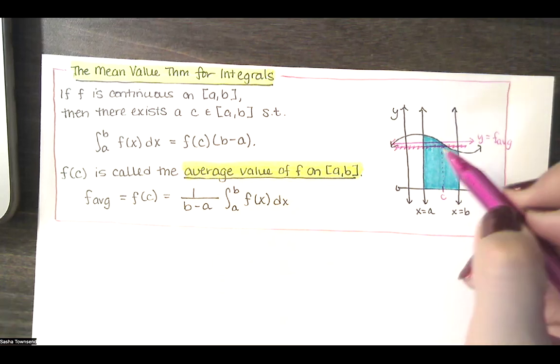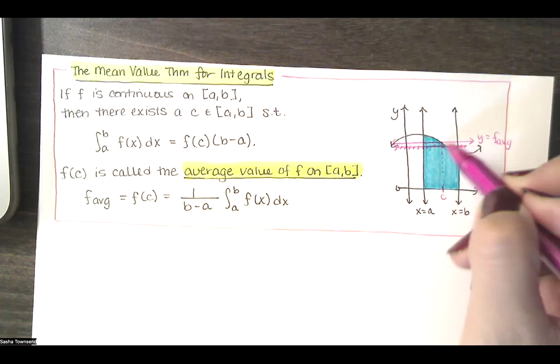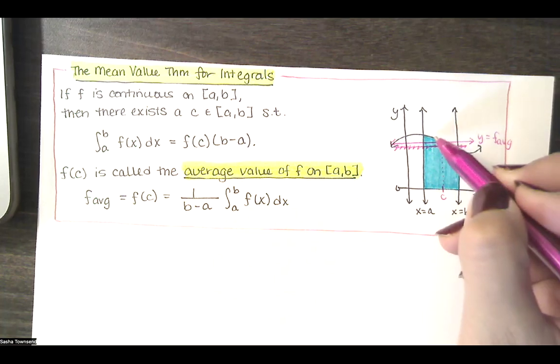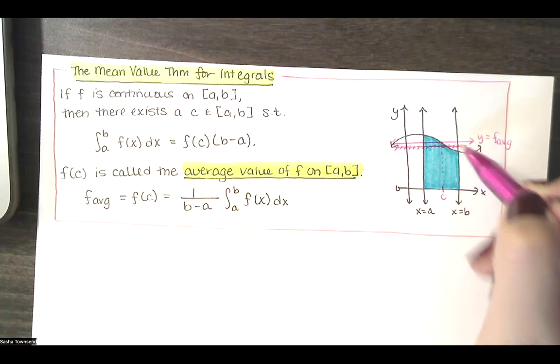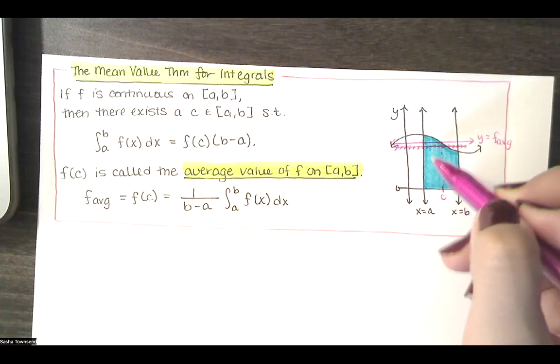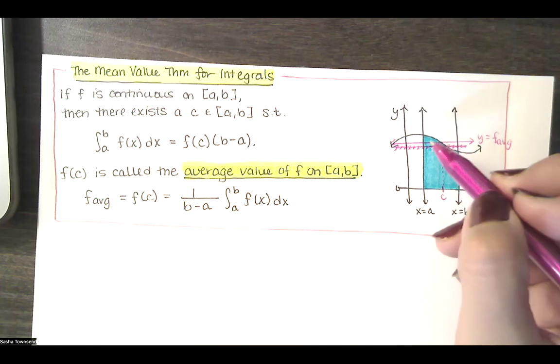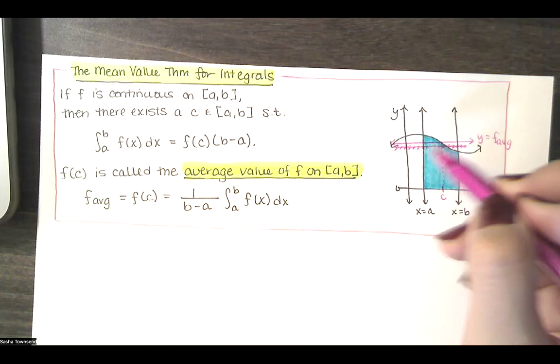So you want to choose your y value so that those areas are equal to each other. So that if you wanted to, you could take this area and just place it in there, and we would see that the area under that horizontal line and between x equals a and x equals b is equal to the area under the curve given by y equals f of x.